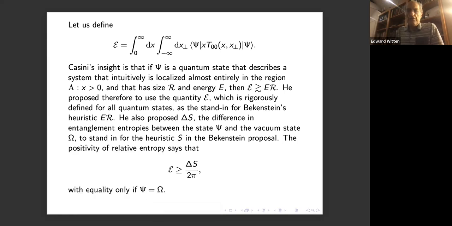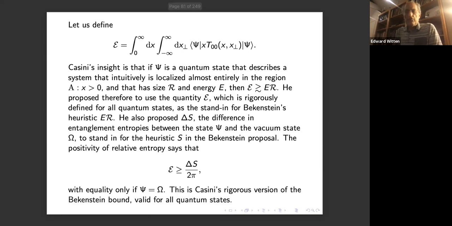The positivity of relative entropy says that curly E is bigger than the entropy difference over 2 pi, with equality only if psi is the vacuum. So that is Casini's rigorous version of the Bekenstein bound, valid for all quantum states.